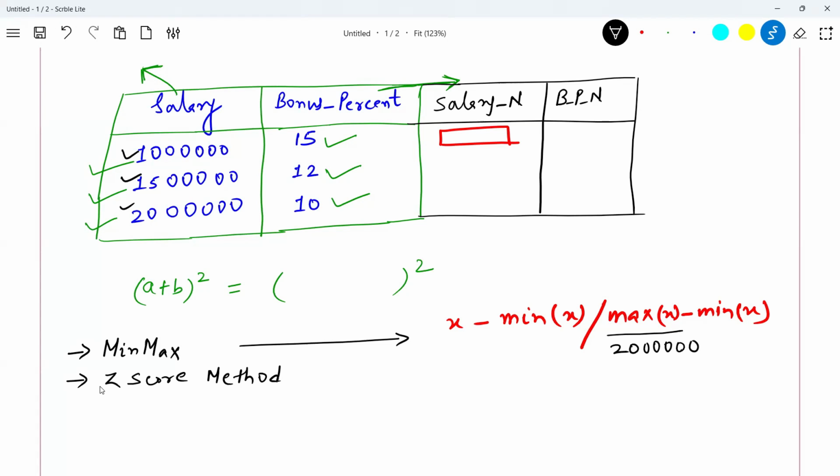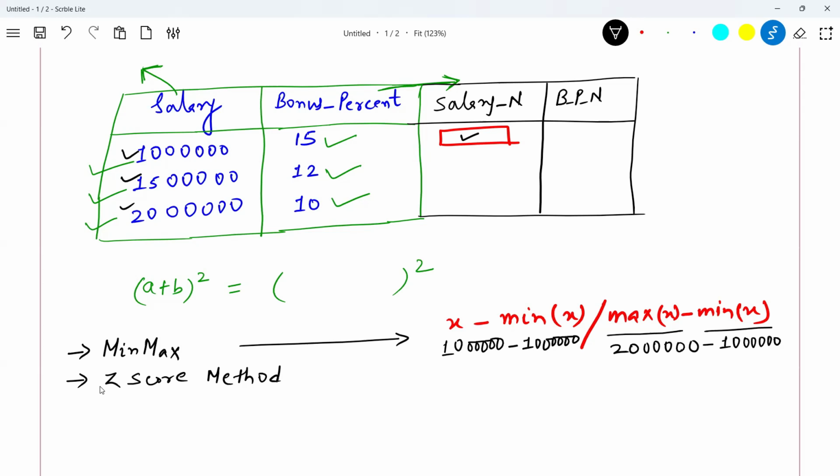And what is the minimum value here? 10, with 1, 2, 3, 4, 5 zeros. And what is the x value here? 10, right, because I'm computing this. What is the minimum? That is 10.